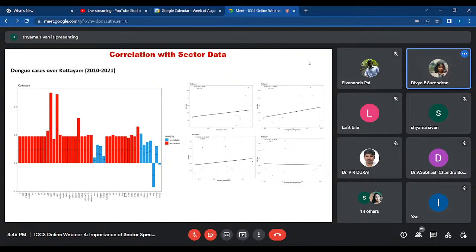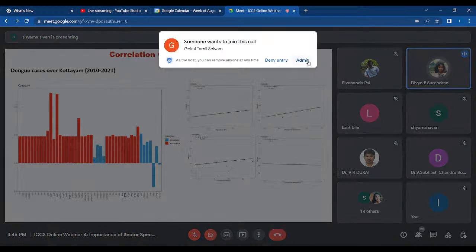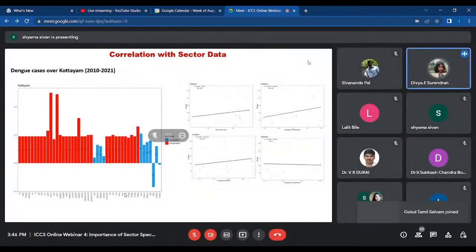So this will help. Suppose here we can see the maximum precipitation value greater than 95 correlates with the dengue cases. It can be explained like this: if there is a high amount of rainfall, the breeding larvae will be flown away.